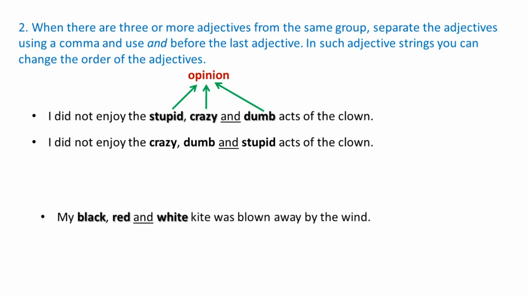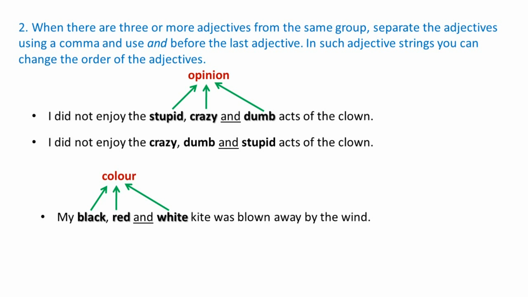My black, red and white kite was blown away by the wind. So here there are again three adjectives used to describe the noun kite. Black, red and white. So they all belong to the same group of adjectives, that is color.